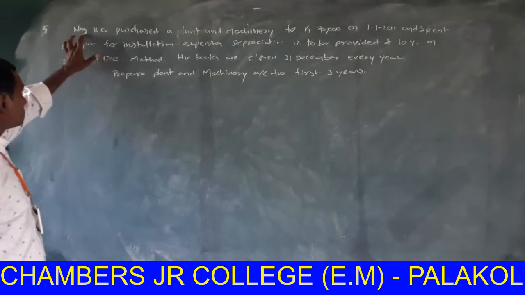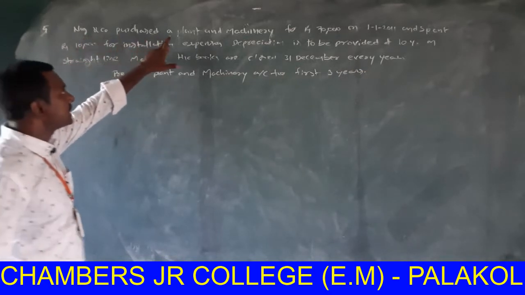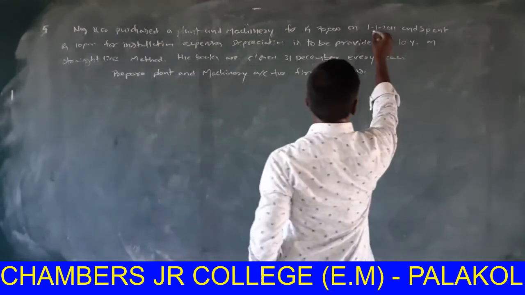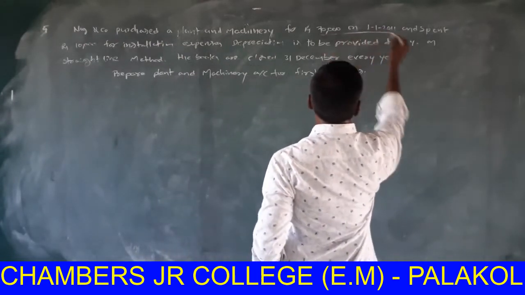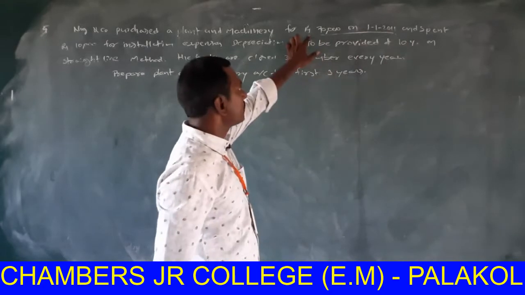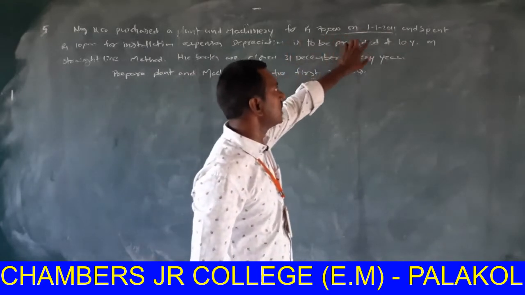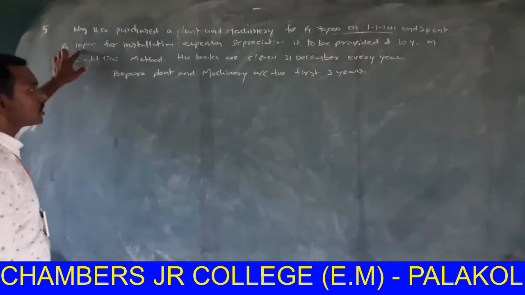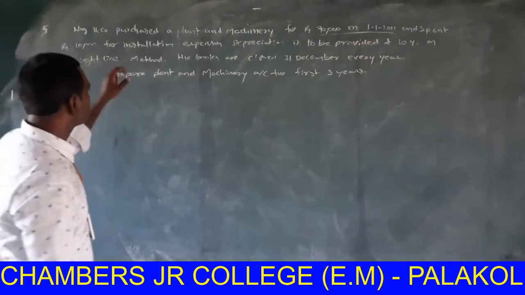Look at this. Nag and Co purchased a plant and machinery for rupees 70,000 on 1/1/2011, and spent rupees 10,000 for its installation.